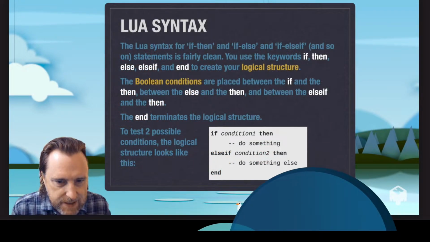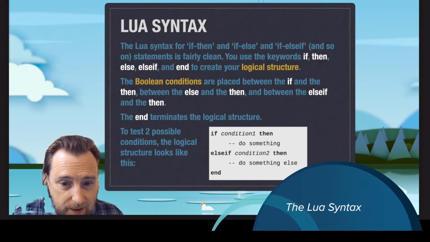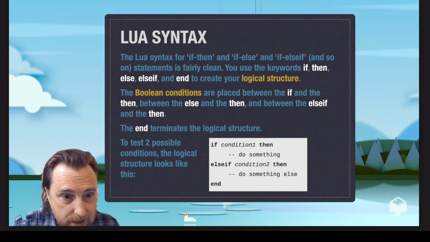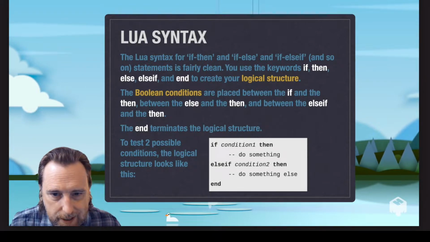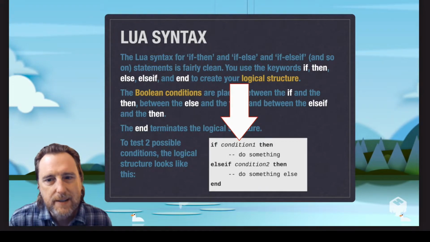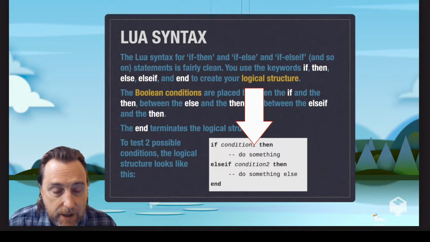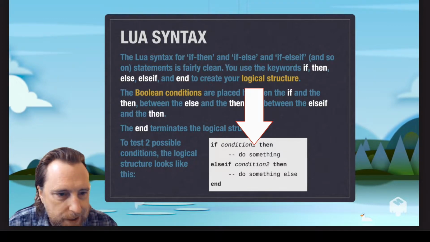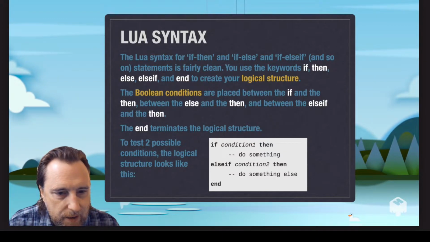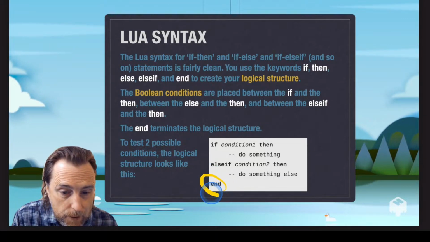So the Lua syntax for if statements is really fairly clean. There's the keyword if, then, else, else if, and end. And you're going to place the Boolean condition, the Boolean test, between the if and the then, or between the else and the then, or between the else if and the then. And then at the end of the if statement, you will end it using the keyword end.